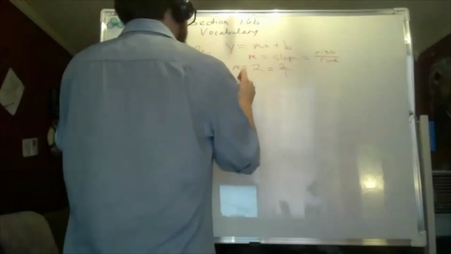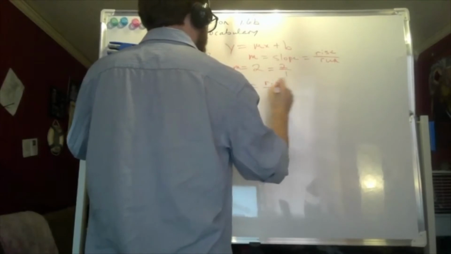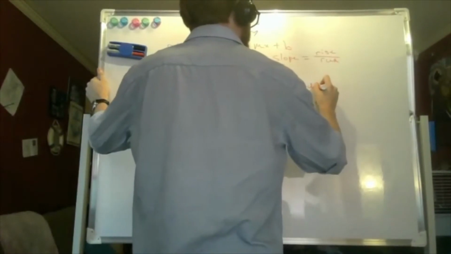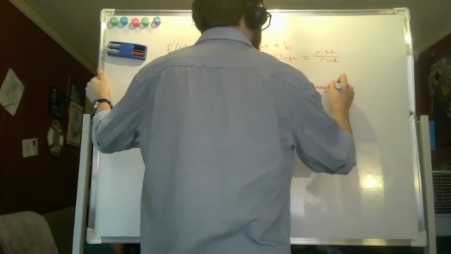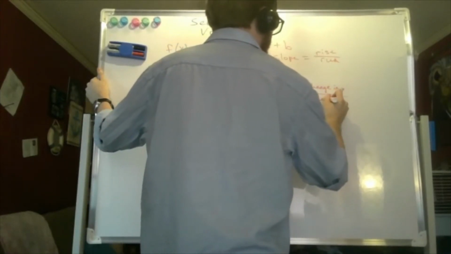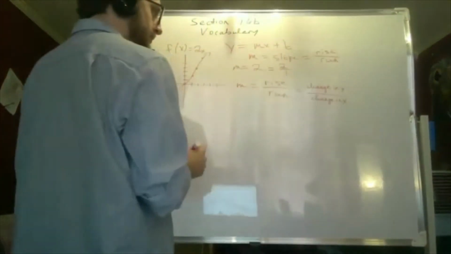Now another way to think of rise over run is that the rise is your change in y. How did you change in the y direction? Whereas your run is your change in the x direction.